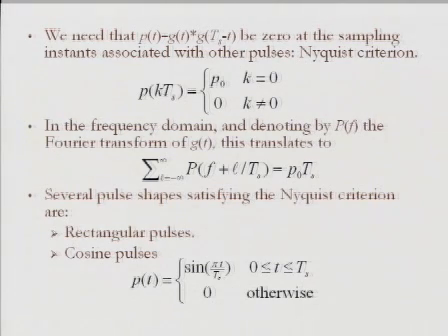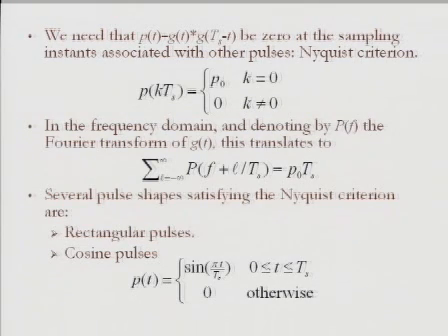One is rectangular pulses. We know they have no ISI, because in the time domain they do not overlap. We put another one here, another one here. These are non-overlapping, so there is no ISI, and necessarily they meet this condition.